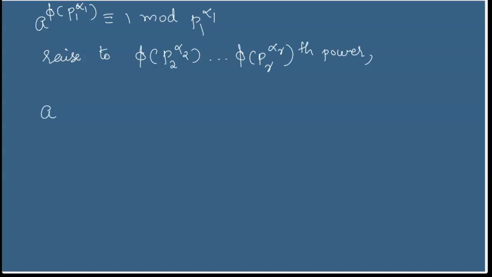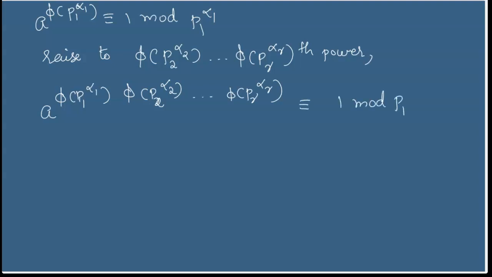Then we get a raised to φ(p1^α1) · φ(p2^α2) · etc. · φ(pr^αr) congruent to 1 modulo p1^α1. The left hand side is nothing but a raised to φ(m). And we have obtained that this is congruent to 1 modulo p1^α1.